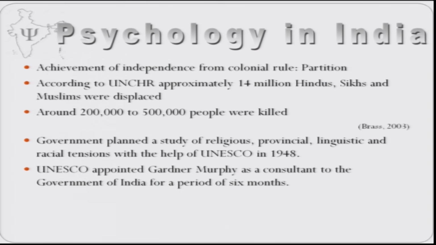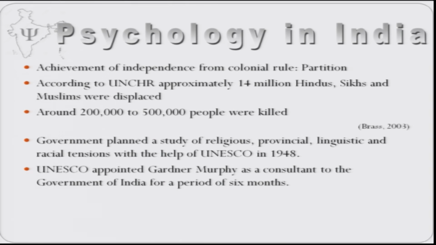The government at that time planned to study religious, provincial, linguistic and racial tensions with the help of UNESCO. This was just one year after independence, in 1948. The Government of India made this request, and UNESCO appointed Gardner Murphy as a consultant to the Government of India for a period of 6 months.